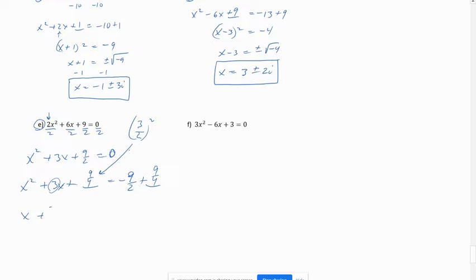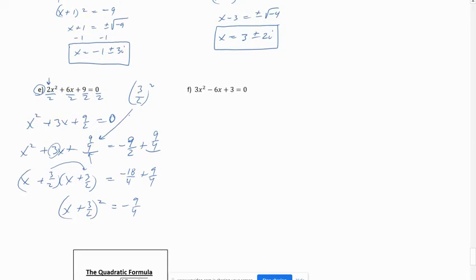Now I have x plus 3/2 times x plus 3/2 is the way that would factor, because 3/2 times 3/2 will give us the 9/4 that we're looking for. So that is x plus 3/2 squared equals, on this side I have negative 18/4 plus 9/4, which would be negative 9/4.